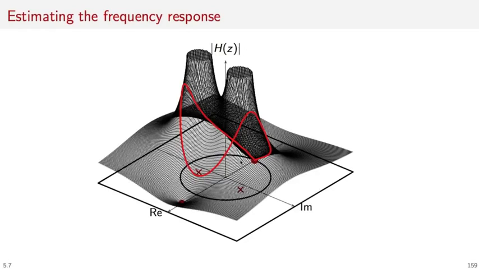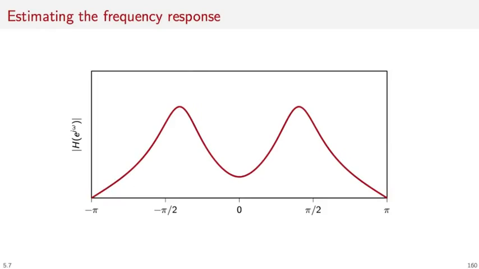As a final step, we're going to follow the angle from minus pi all the way up to pi and plot the corresponding value of the level curve to obtain an estimate of the frequency response. Well, clearly this is something that you can do roughly in your head without having to draw the 3D picture, but it gives you an idea how to interpret a pole zero plot in order to obtain information on the frequency response of the system.